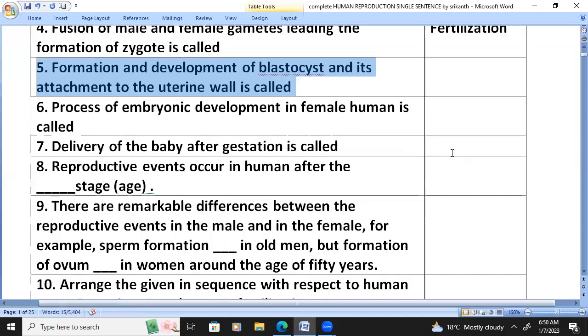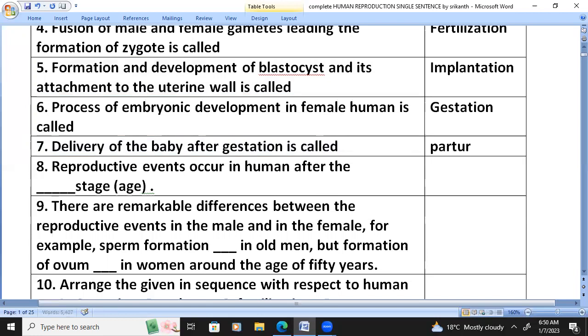Formation and development of blastocyst and its attachment to the uterine wall is called implantation. Process of embryonic development in female human is called gestation. Delivery of the baby after gestation is called parturition.